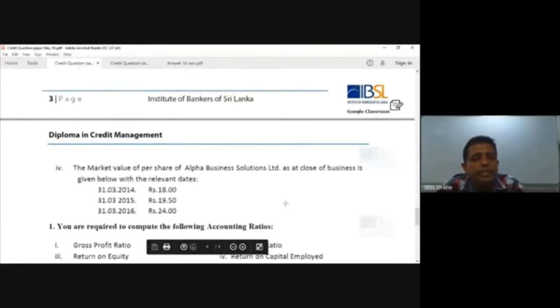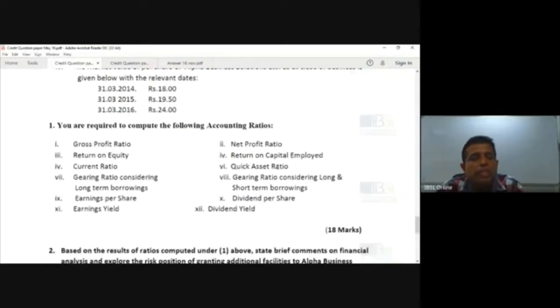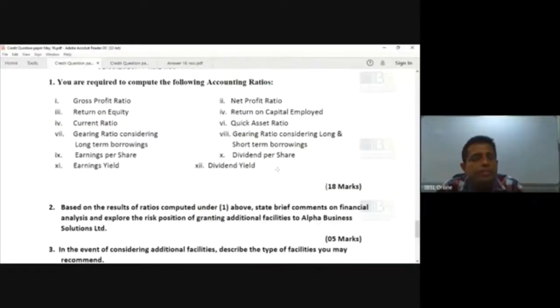Then they have given the market value of the shares, that is 18 rupees for 2014, 19 rupees and 50 cents for 2015, and 24 rupees per share in 2016. And they have also given the ratios to be computed, starting from gross profit to the dividend yield.